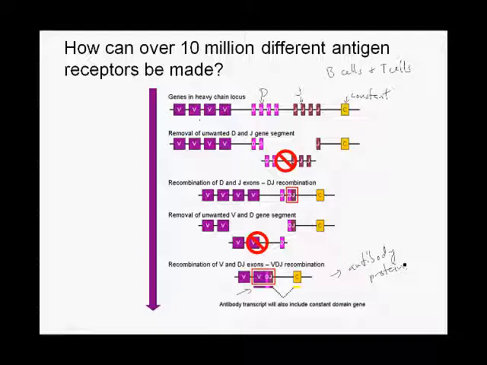Then this is really the basis for how we can get antigen receptor diversity by combinatorial joining of different DNA segments.